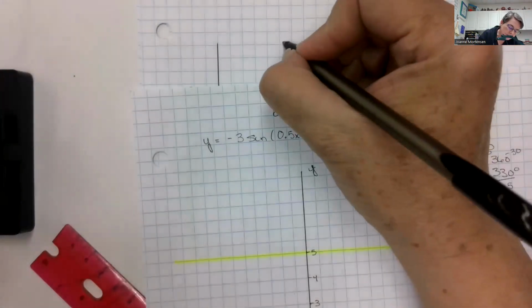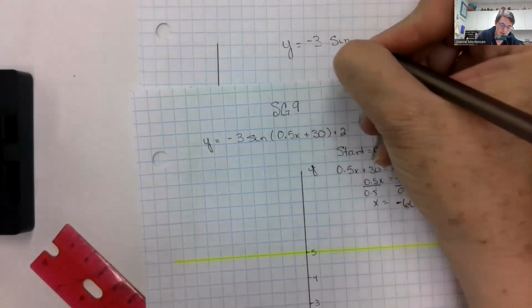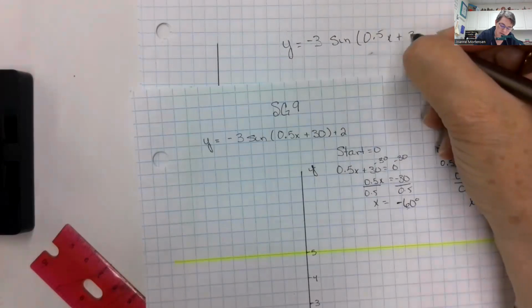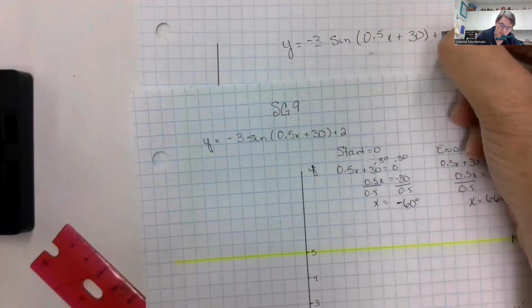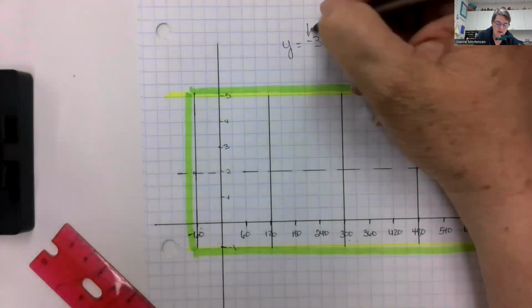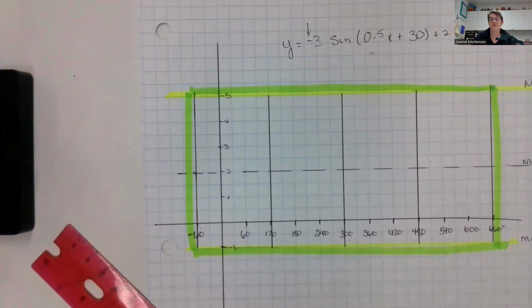Write my equation here. y equals minus 3 sine 0.5 times (x plus 30), plus 2. This reminds me, it's a reverse curve, so it's going to go down first and then go up. So it's not even a roller coaster of any time. It's just like downhill, done.